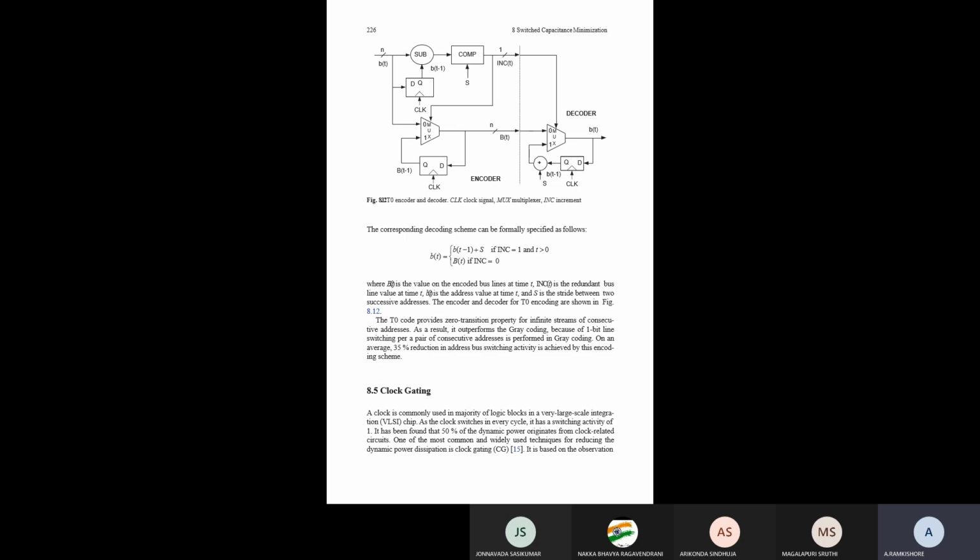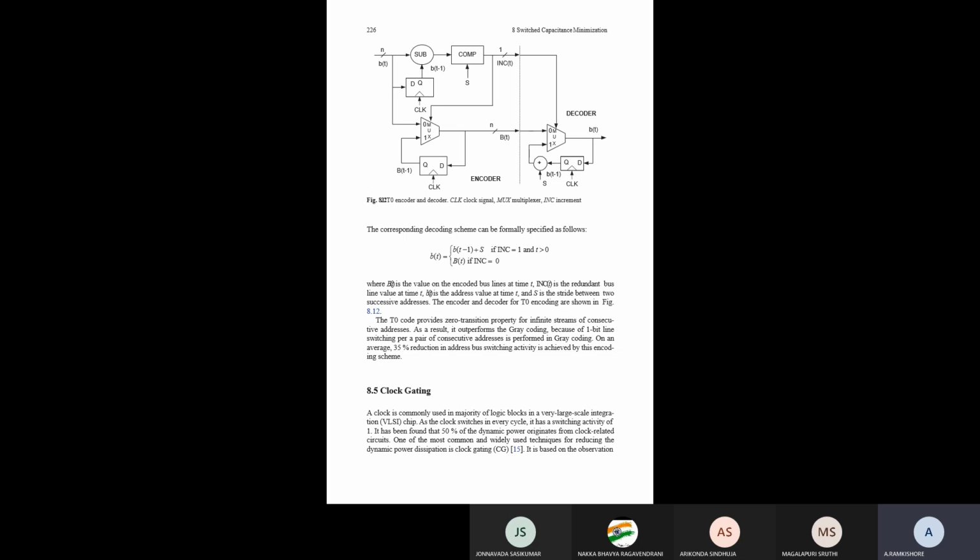In today's class we will see various aspects of clock gating techniques, and how they control the capacitance values present within MOS devices. In this clock gating technique, we are using a clock signal.